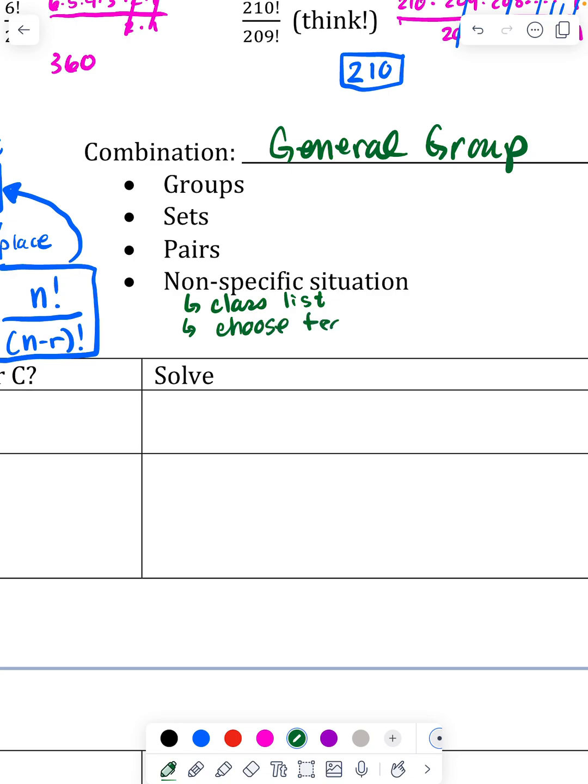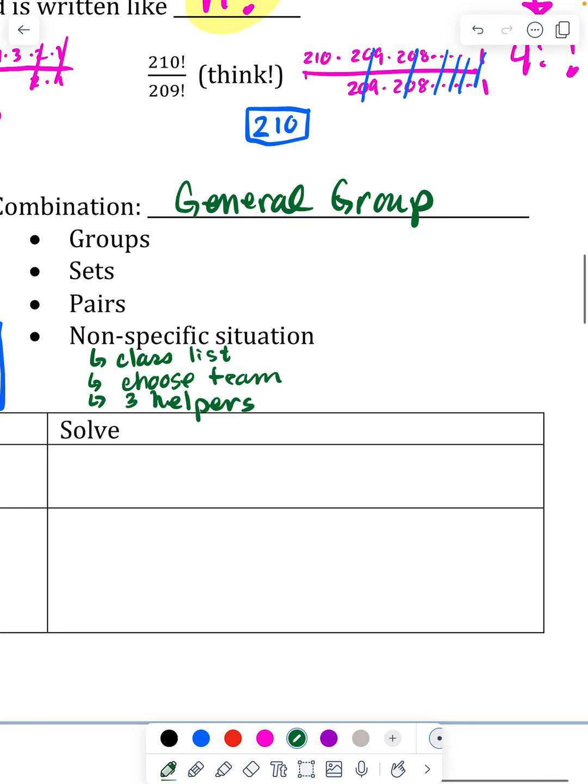Like who makes varsity, and then after that I can make more decisions about who's playing what position. But for right now, I'm just choosing people. Or if I need like 3 helpers, well, I'm just picking 3 kids. So same situation, except here I'm just going to be choosing a group, not placing them specifically.